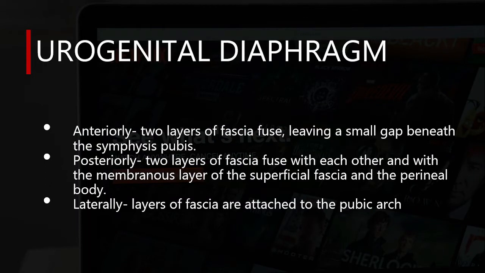Anteriorly, the two layers of fascia fuse, leaving a small gap beneath the symphysis pubis, and posteriorly, the two layers of fascia fuse with each other and with the membranous layer of superficial fascia and the perineal body, and laterally, the layers of fascia are attached to the pubic arch.